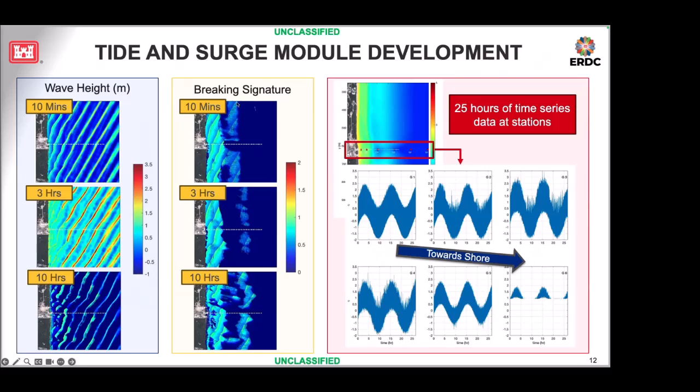Similarly, in the middle figures, we're plotting the breaking signature, and we can see how the breaking signatures change as the water level changes with the tide. To analyze this a bit more, in the right figures we're plotting some of the station point-wise time series data, going from the top left to the right, then bottom left to bottom right, moving towards shore.